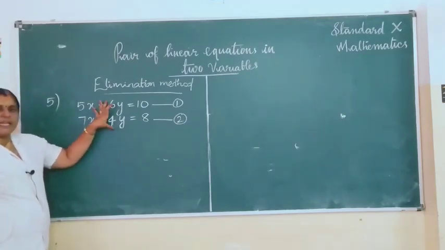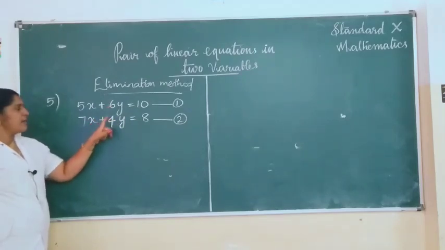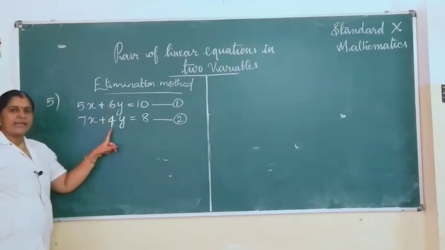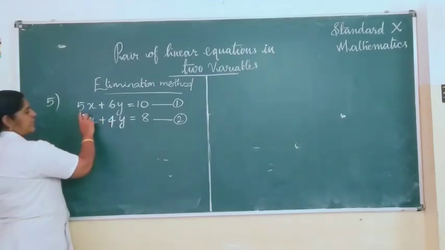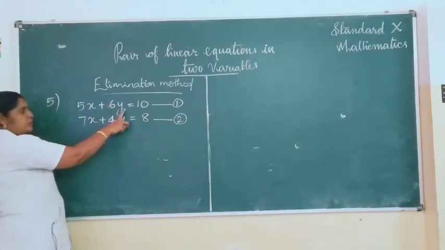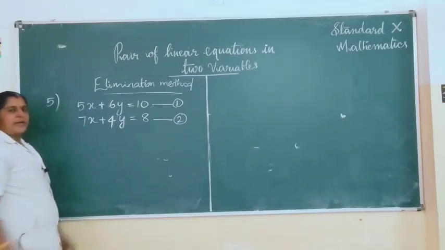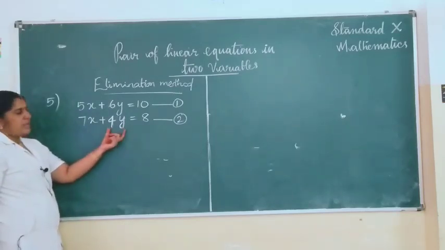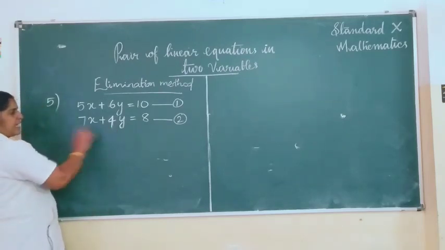Now you see the variable y: here it is 6 and here it is 4. What is the common multiple for 6 and 4? It is 12. So if you multiply the first equation by 2, this becomes 12y, and if you multiply the second equation by 3, 4y becomes 12y. So whatever is convenient for you, you select that variable.